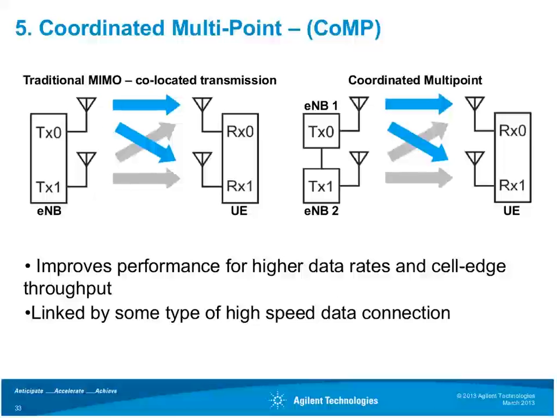So what's the difference between these 2 graphics? At first I didn't see it, but this transmitter over here is physically located in the same place, and in this graphic here, these are 2 transmitters and they're physically separated. And the difference here is we need to make sure that we have a link between the 2 base stations. It has to be a high-speed data link because it's sharing the baseband or the payload information.